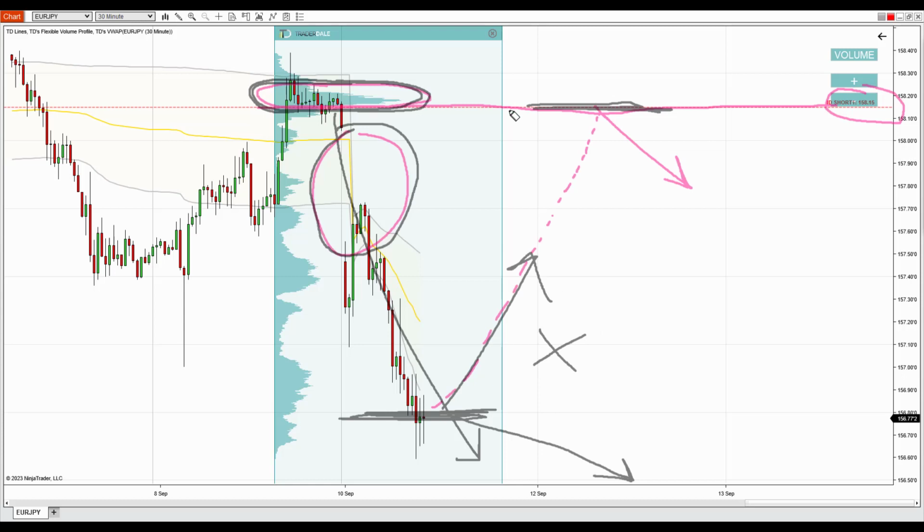I'm only saying that if the price goes upwards and closes the gap, chances are that there'll be a reaction from this heavy volume zone. But I'm not saying you guys should go long from here. No, that's not how I trade. So that's about the Euro Japanese yen.